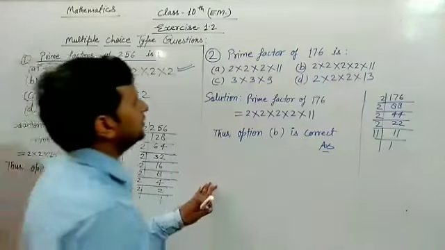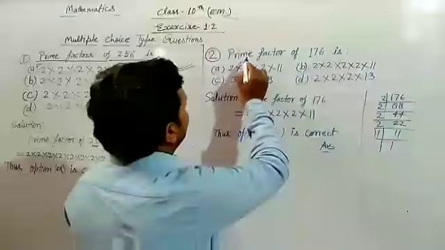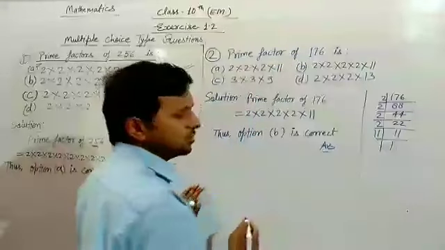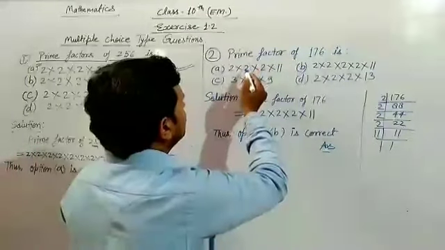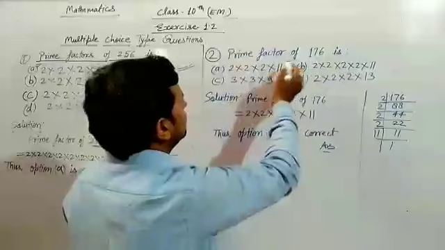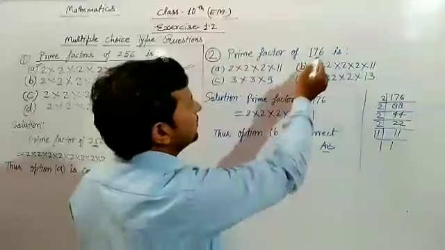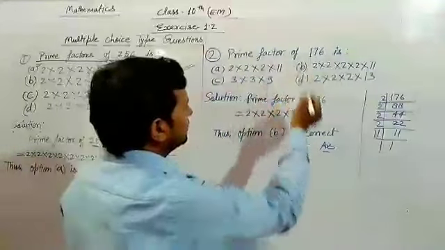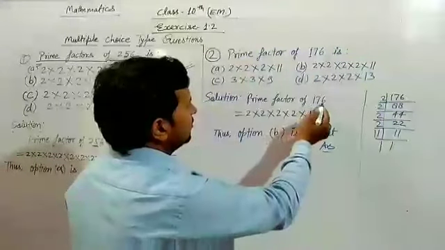Now in the second question, in the same way we have to find the prime factors of 176. The question is: what is the correct option for the prime factors of 176?